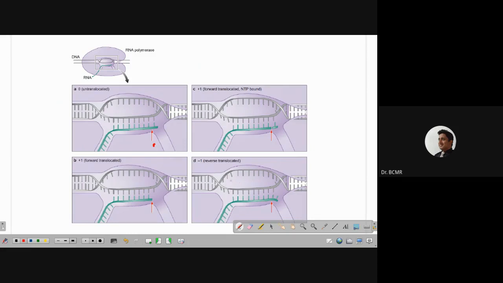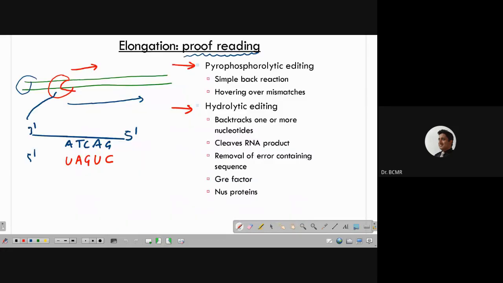And then you have it remade. In some cases, when a base is made by mistake, for example a C, it may have moved further, but this is a mismatch. In some cases, what may happen is it will travel back several times and then make a cut somewhere here.